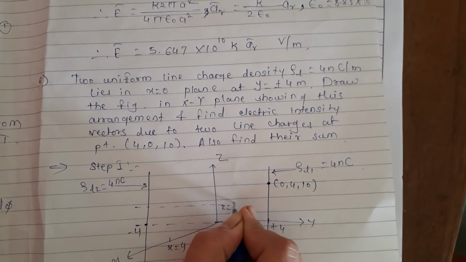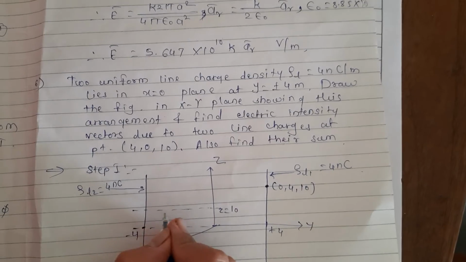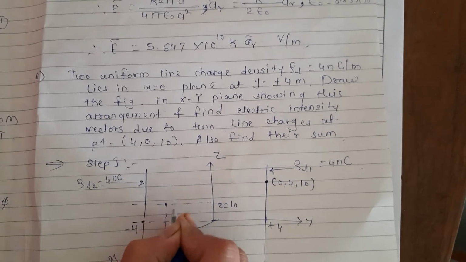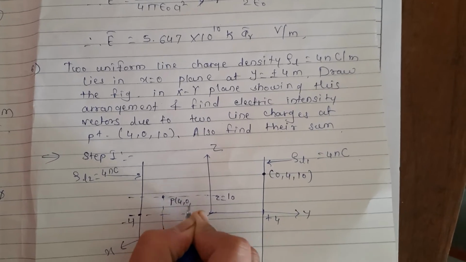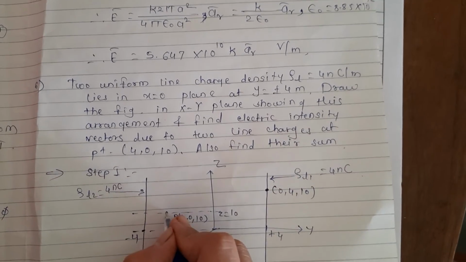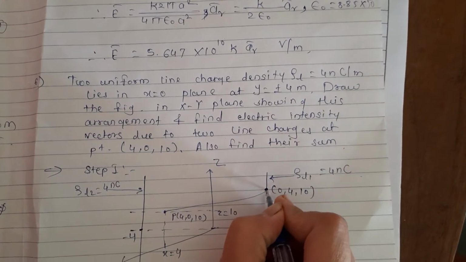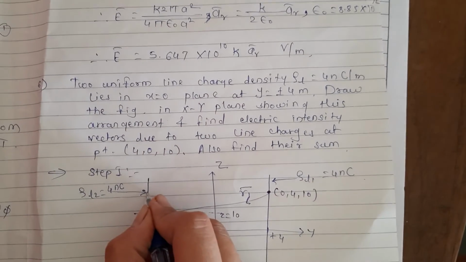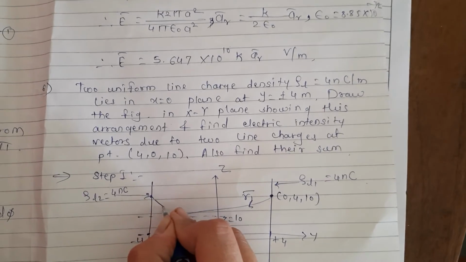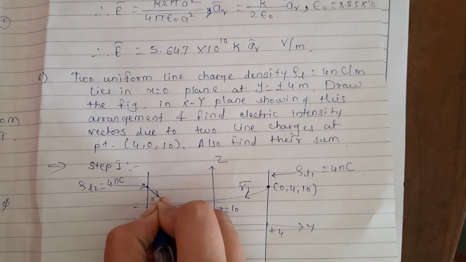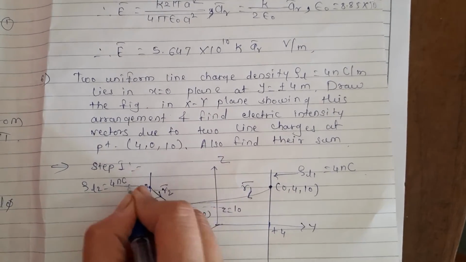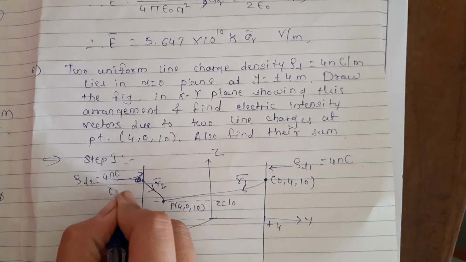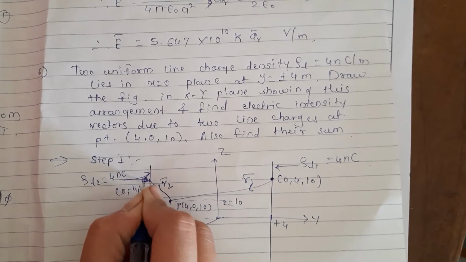Z is equal to 10. This point is P, 4, 0, 10. We have to draw the vector from this point, that is r1 bar, and from this point it is r2 bar.